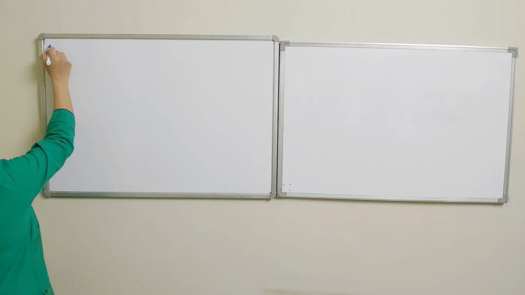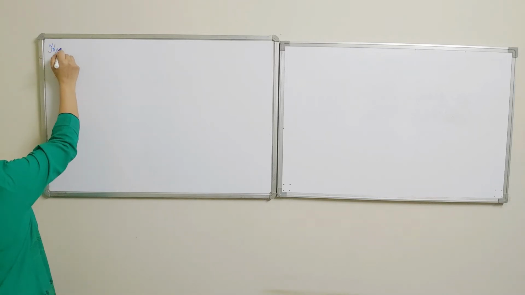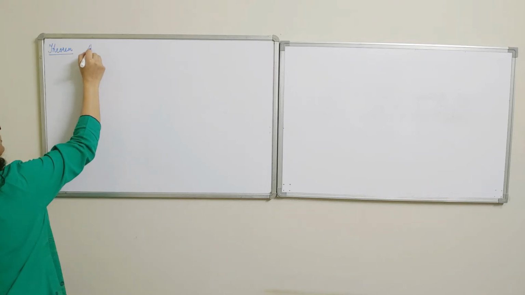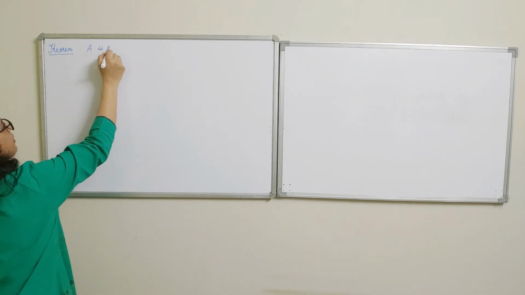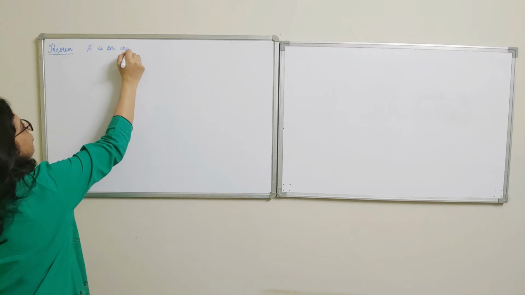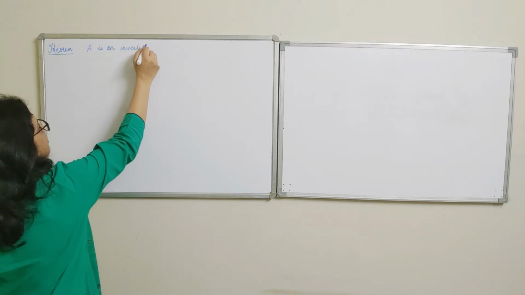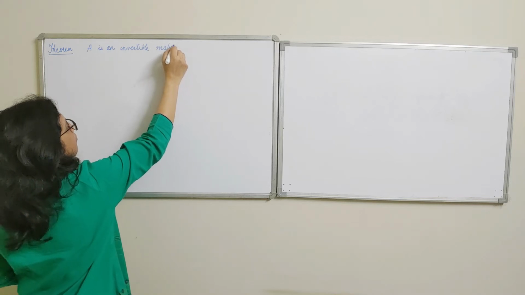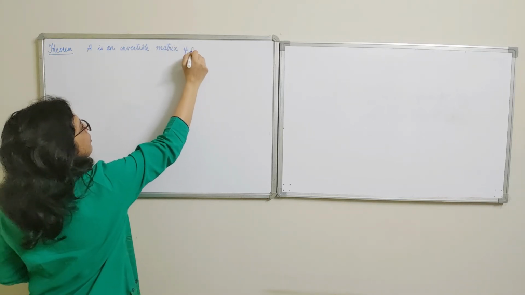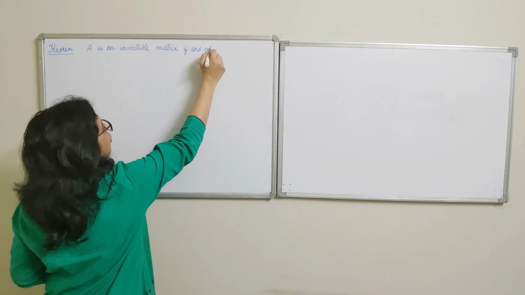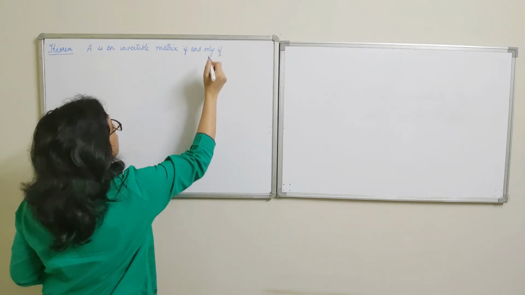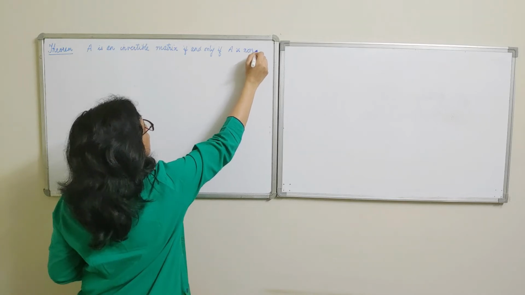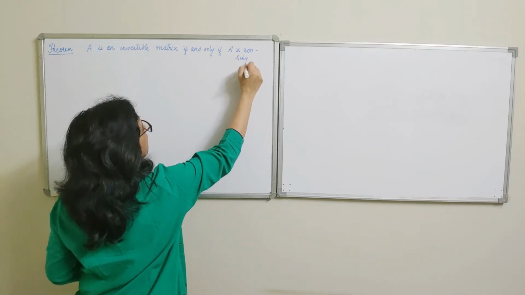So next we are given an important theorem in the book which states that A is an invertible matrix if and only if A is non-singular.